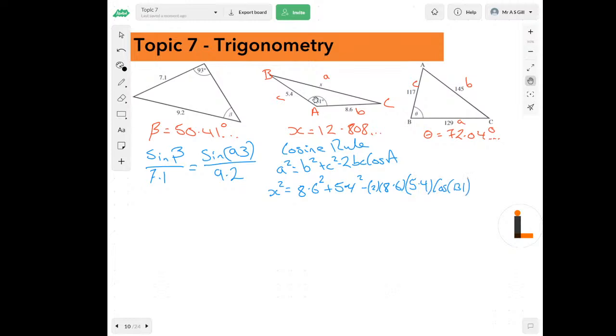And then it's a matter of going through, working that out and simplifying to get this 12.808 value here.